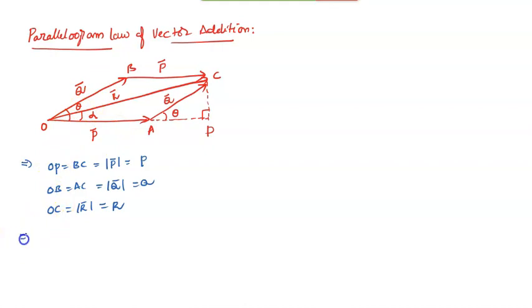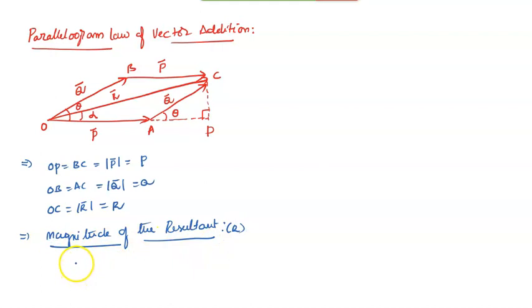So now we are going to find the magnitude of the resultant, R.